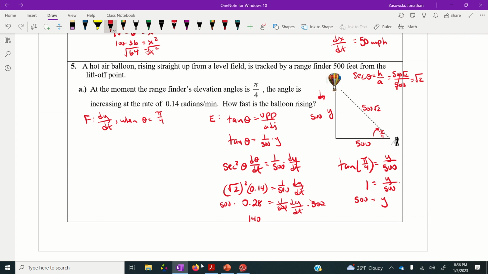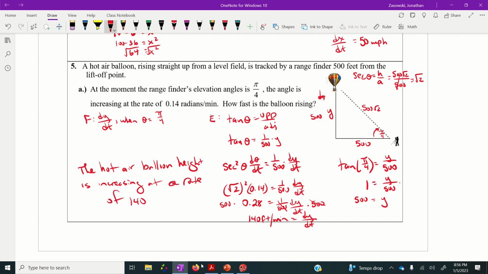And then minutes. So this is feet per minute, equal to dy/dt. So the hot air balloon's height is increasing at a rate of 140 feet per minute. All right, and there's page 2.